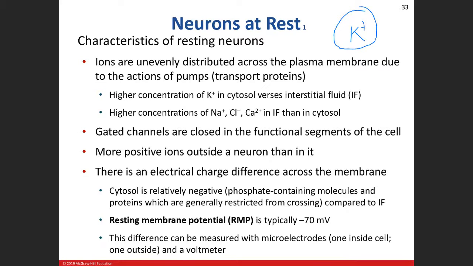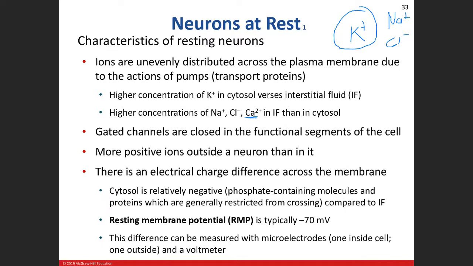The only thing that can leave the inside of the cell for our purposes right now is the potassium. Then on the outside of the cell, we have our sodium and we have our chloride. And when we get down to the distal end, the terminal end of the neuron, we'll start talking about the calcium. For right now, let's not worry about that too much.